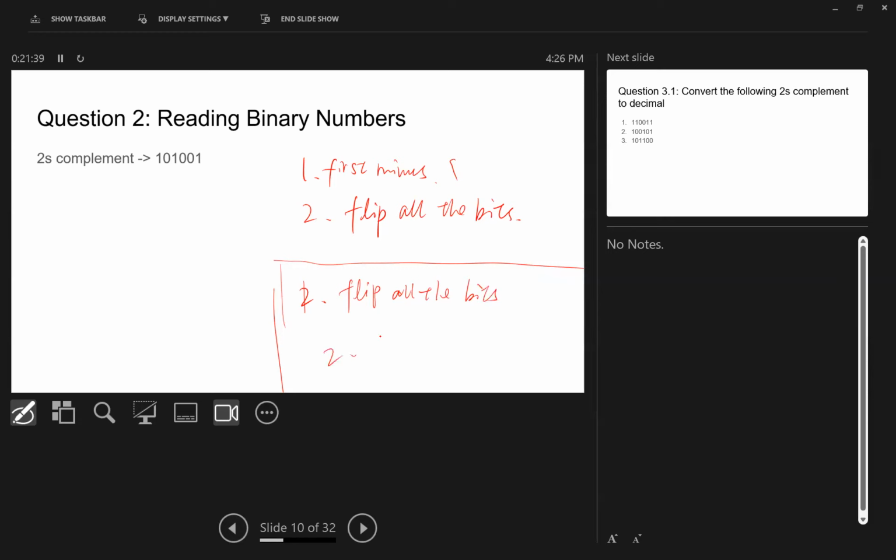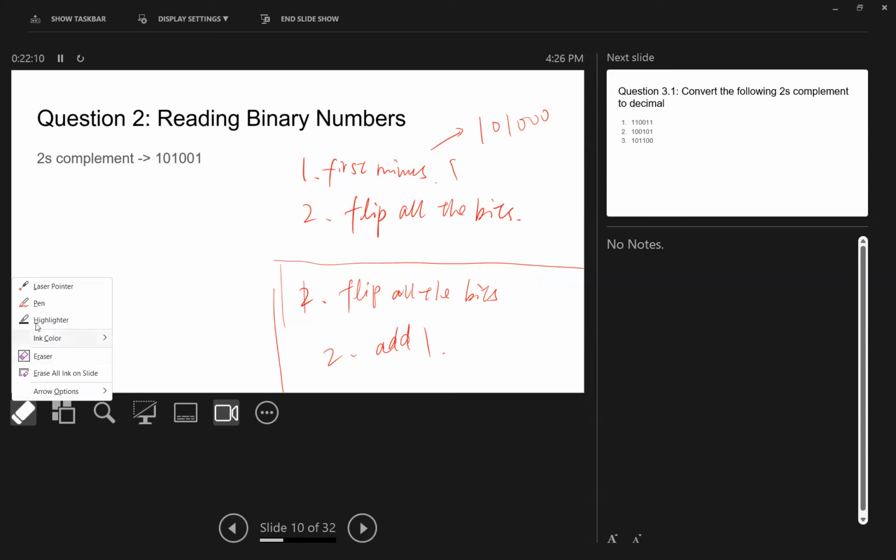And then add 1. And actually, this result should be the same. I will do it for you. For the first method, after we subtract 1, what we should get is 3 0, sorry, 3 0, right?